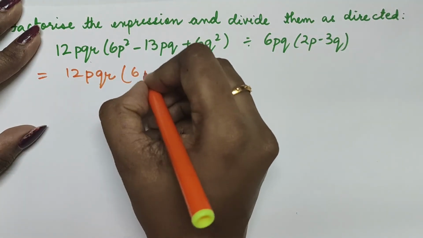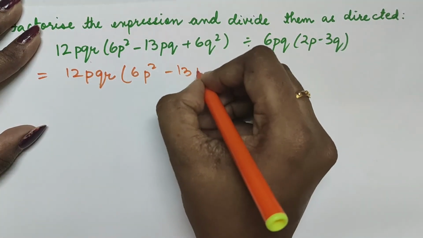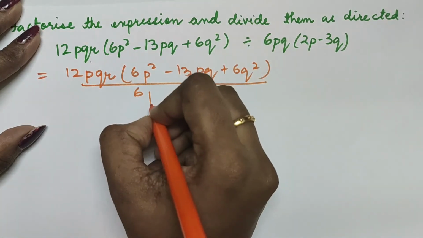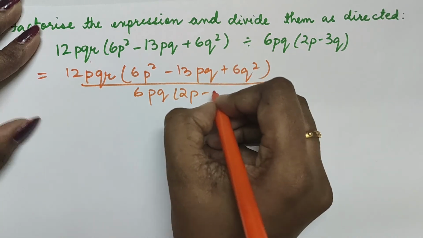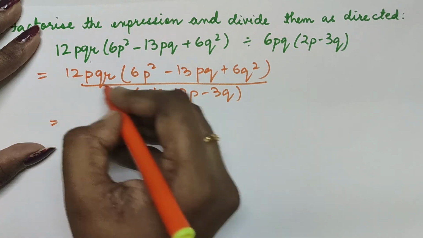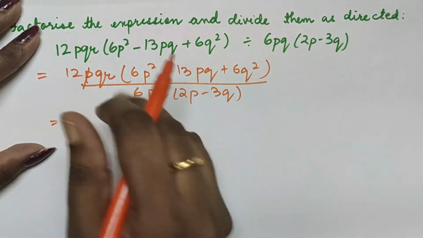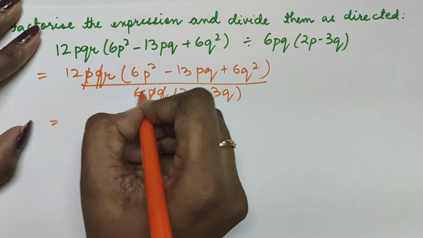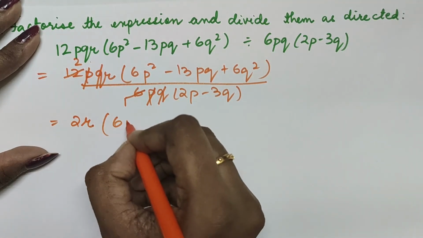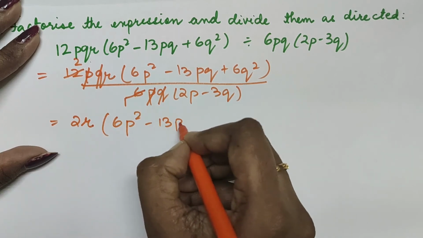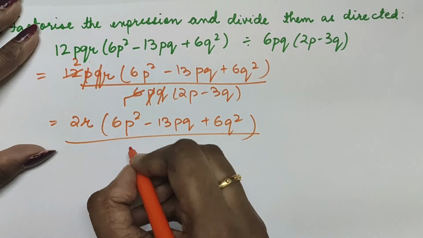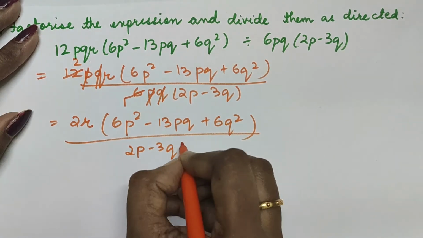Already you can see some common terms: p can cancel, q can cancel, and 6 ones are 6, 6 twos are 12. So we are left with 2r into 6p square minus 13pq plus 6q square whole divided by 2p minus 3q.